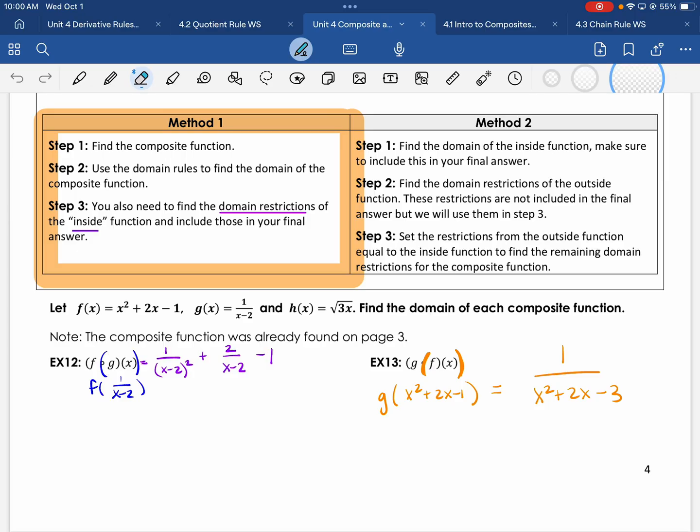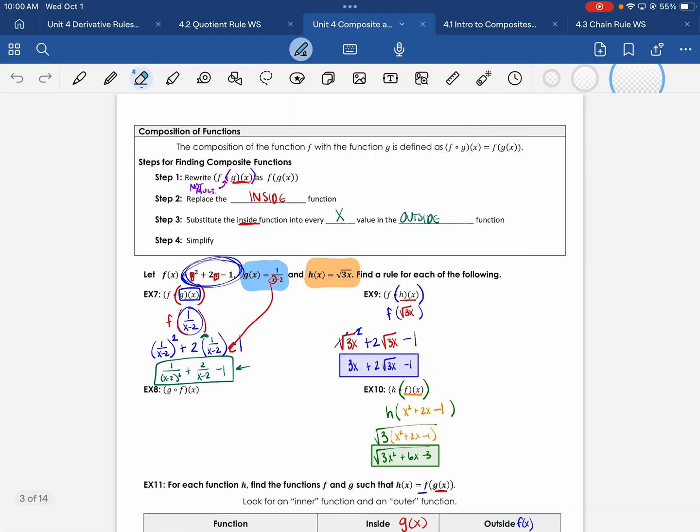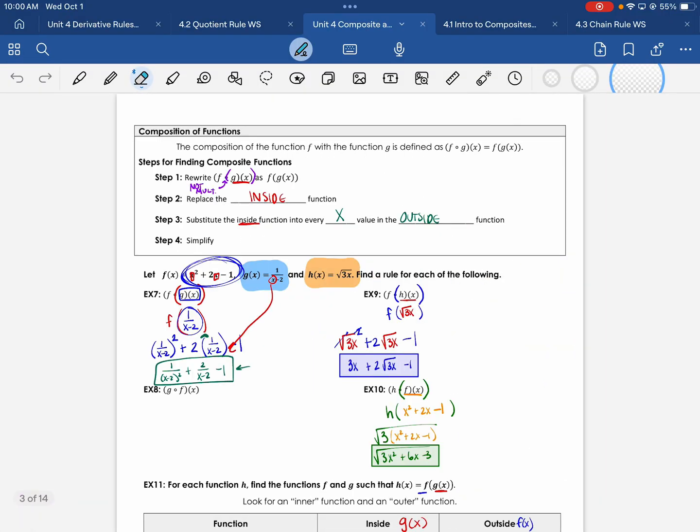All right, and I do have other examples where we're going to go from start to finish, but I want to focus on how you do the domain for a little bit. This is the stuff I have written down. This is what we did yesterday. So to remind you, where is it?